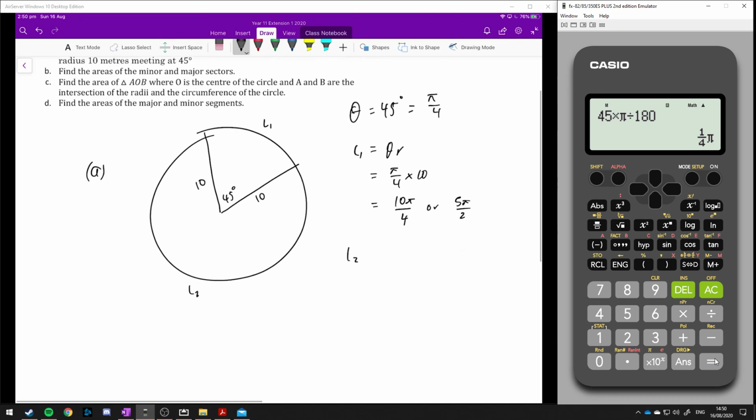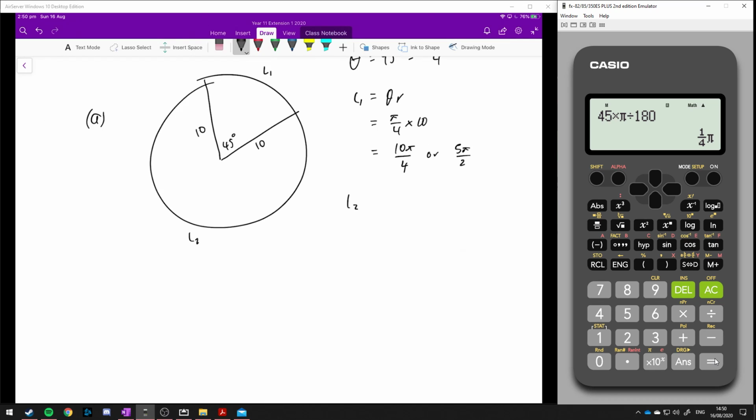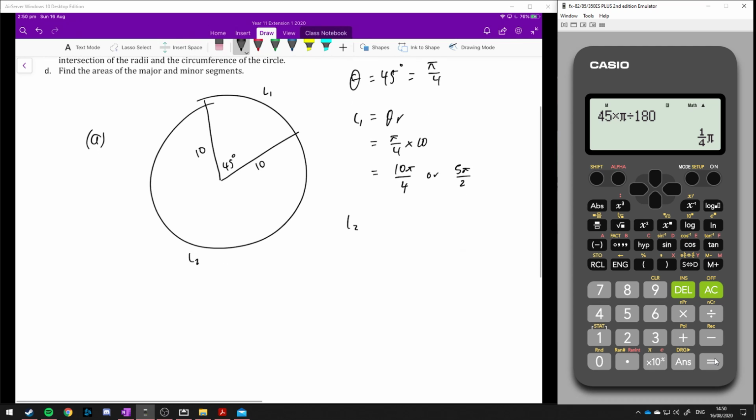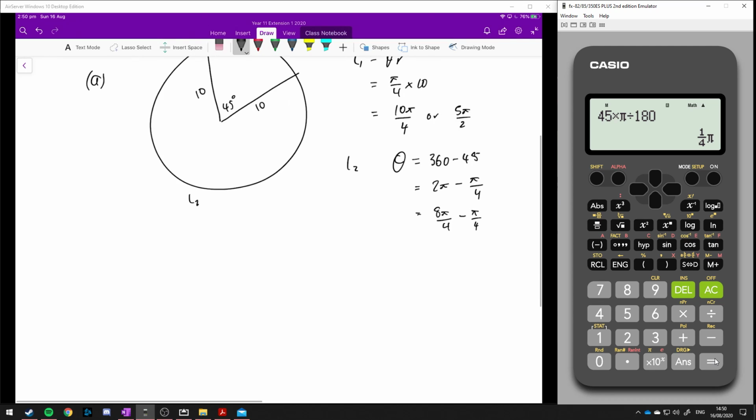Now our second length, that one there. Our theta value is 360 minus 45 degrees, or in other words, 2 pi minus pi on 4, which is the same as 8 pi on 4 minus pi on 4, which is then the same as 7 pi on 4.